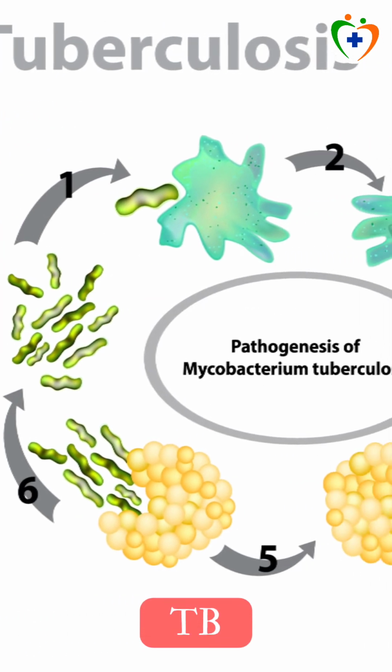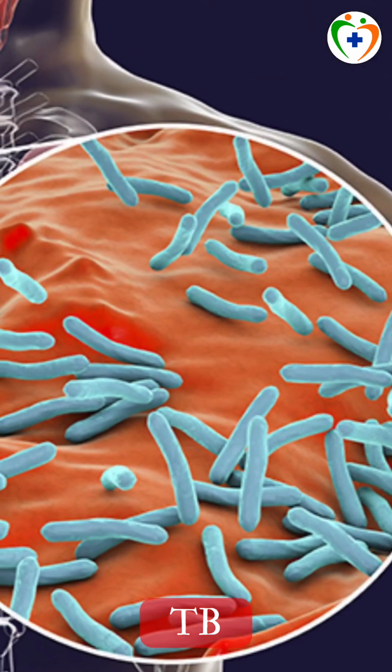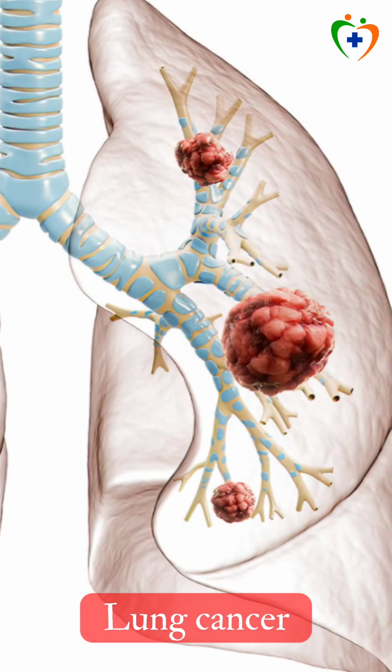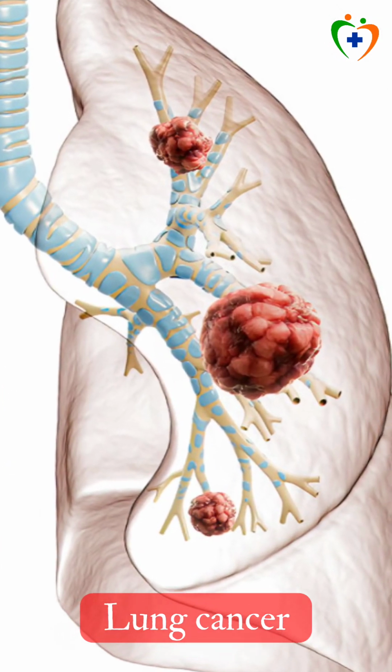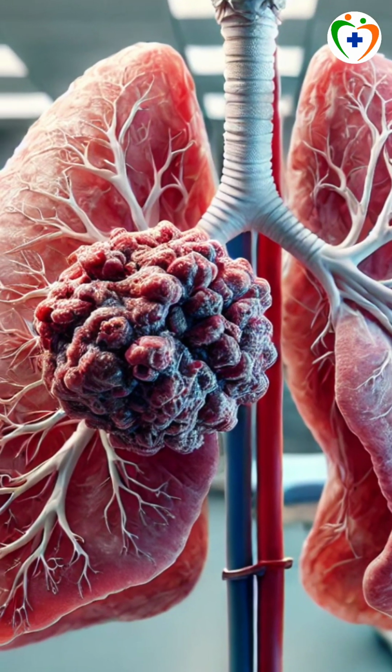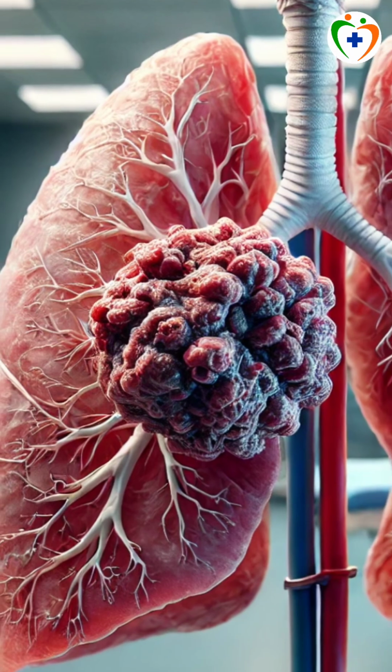Tuberculosis, TB, a contagious bacterial infection that affects the lungs and spreads through the air when an infected person coughs or sneezes. Lung cancer, uncontrolled growth of abnormal cells in the lungs that form tumors and interfere with normal lung function.